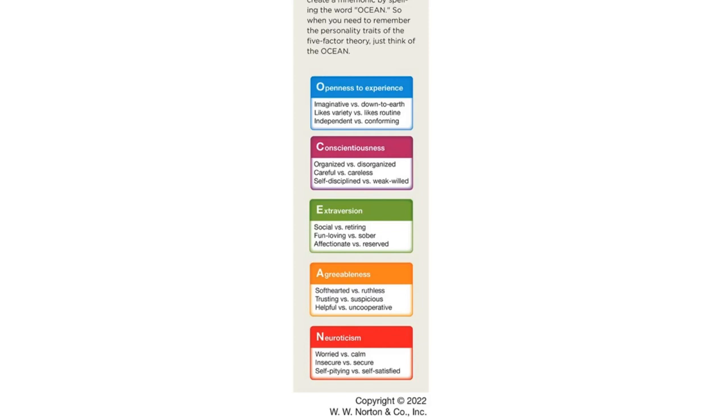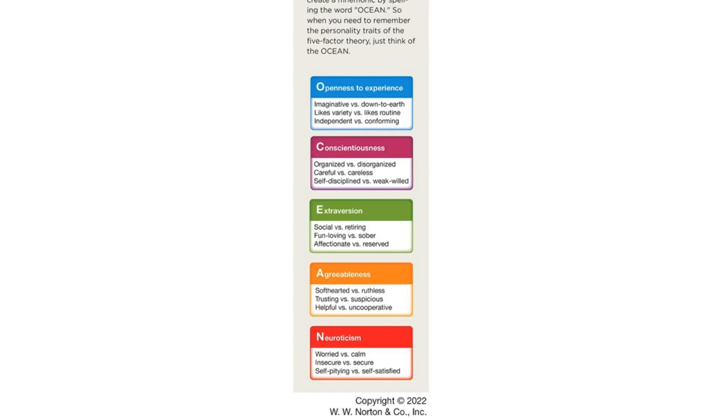As far as something like job performance and grades in school, the pattern of high conscientiousness, high agreeableness, and low neuroticism is very predictive of who does well in jobs and in school. And there's been a number of studies that have pointed out different mixes of these five traits and what we can expect from that type of person.